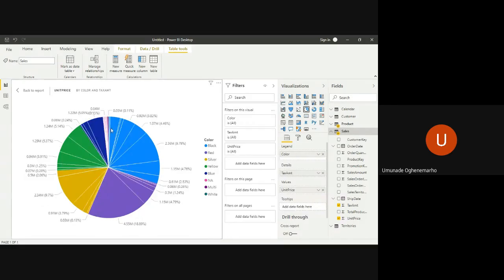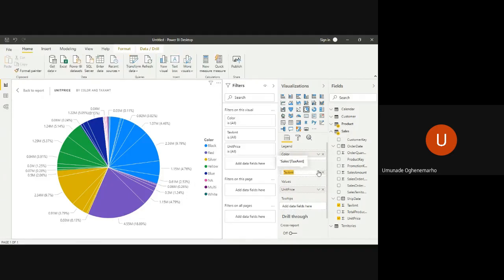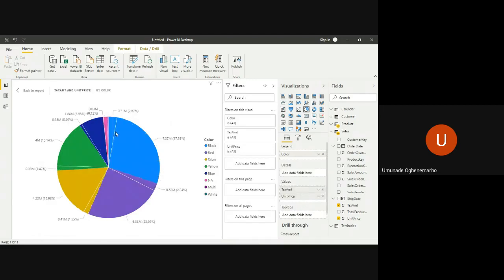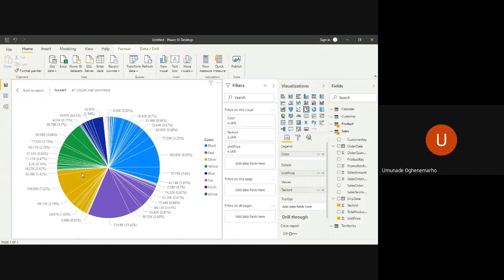You can see that it scatters the data a little. So I put the tax amount back in here. We can see that it's still under category. That's the difference between using details and putting two or multiple values. I really do hope that with the same data you get that when you are using details and you already have a single value, those details get scattered across the board.